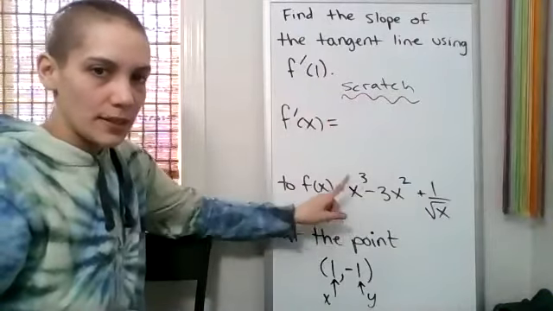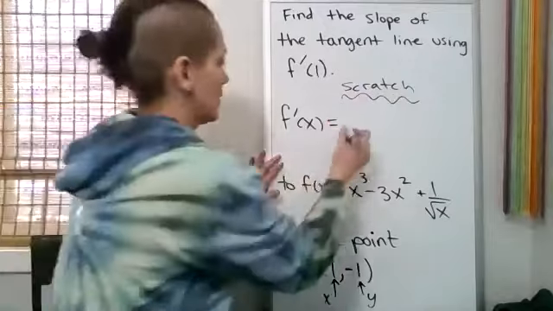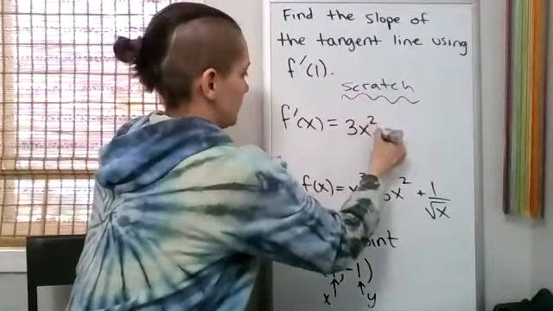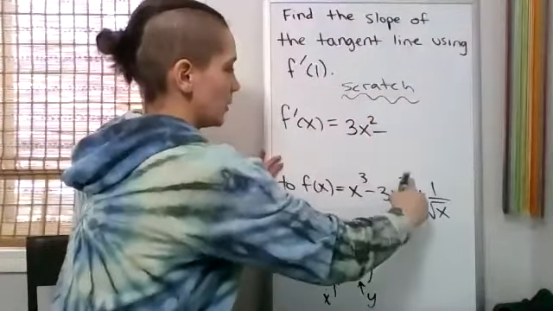So power rule here, 3x squared minus 6x to the first.